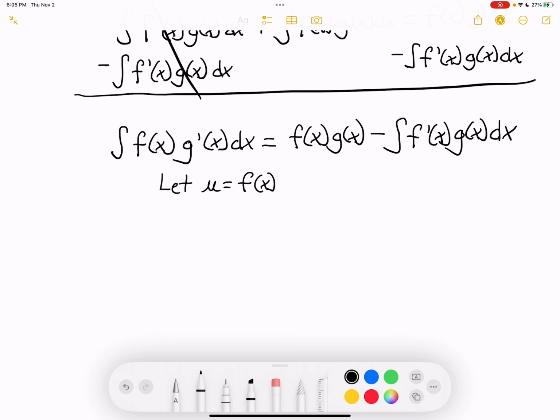So if u is f of x, then du is f prime of x dx. And I'm also going to pick a dv, which should be g prime of x dx. And therefore v, which is the integral of dv, is just g of x.